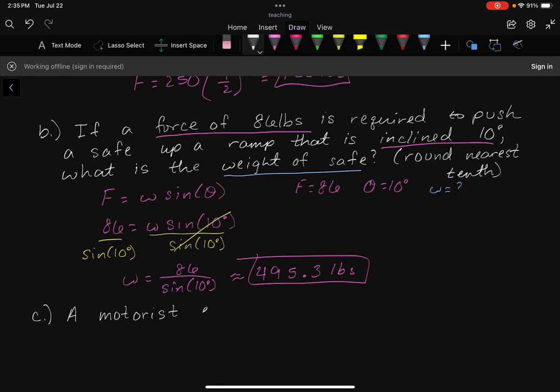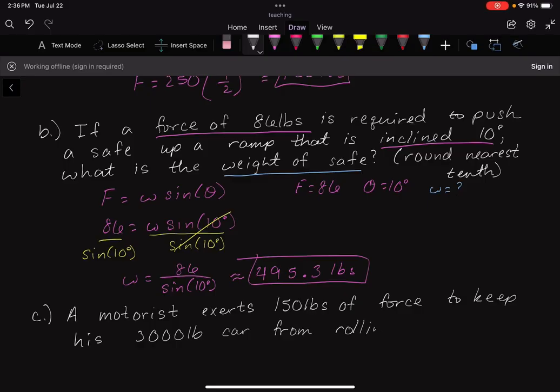It says a motorist exerts 150 pounds of force to keep his 3,000-pound car from rolling down a hill.